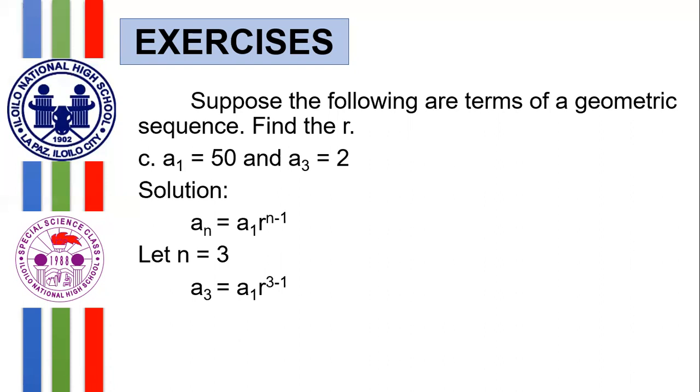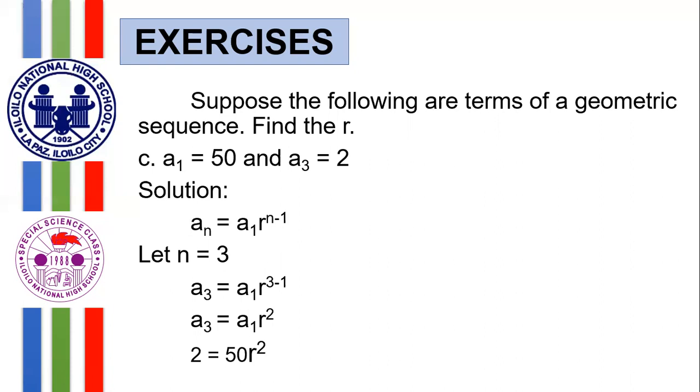With such, you have a sub 3 equals a sub 1 r to the 3 minus 1, or a sub 3 equals a sub 1 r squared. You could see from here again that the third term is 2. The first term is 50. By substitution, you have 2 equals 50 r squared.